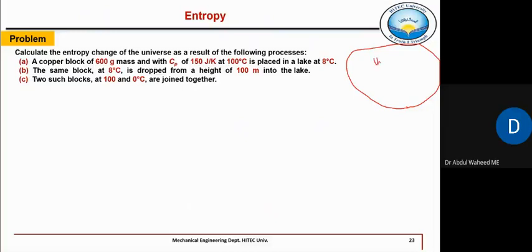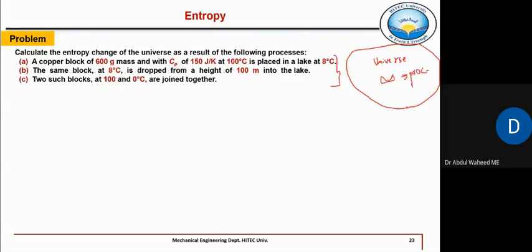So this is our universe. And we know in this universe there are an infinite number of processes occurring. So we are now asked to find the entropy which is produced or changed due to these three processes.